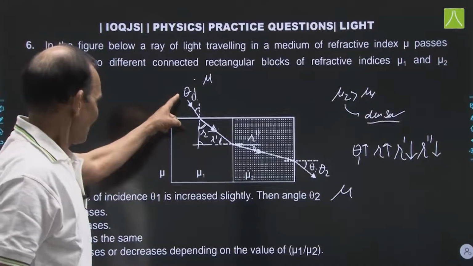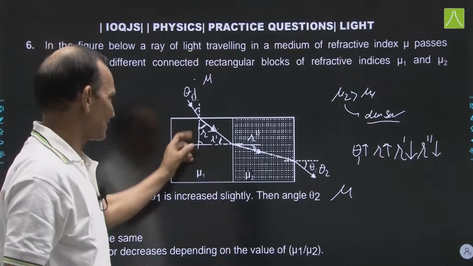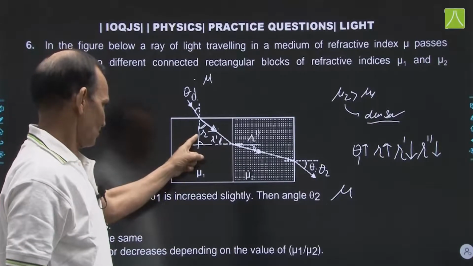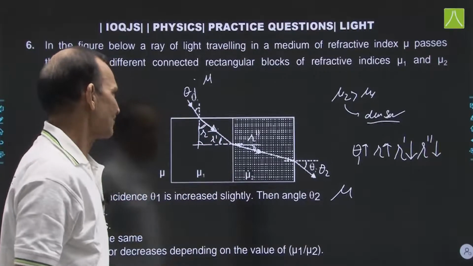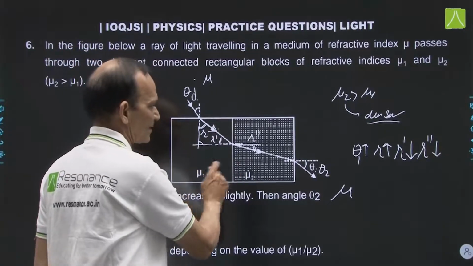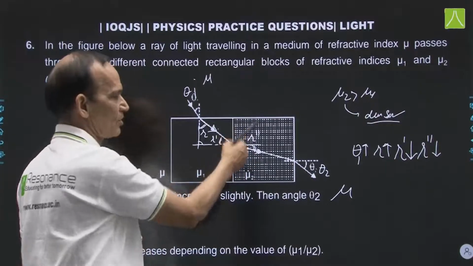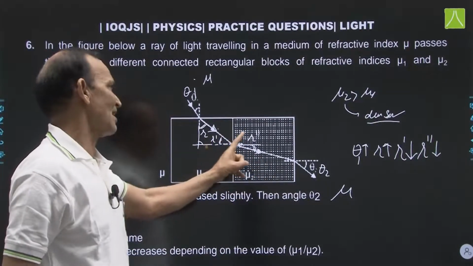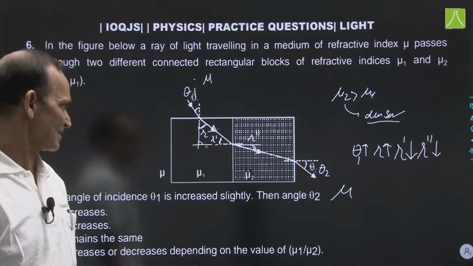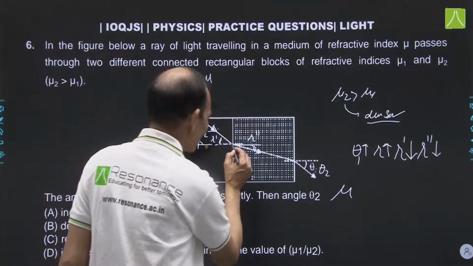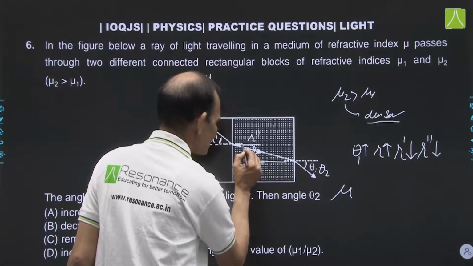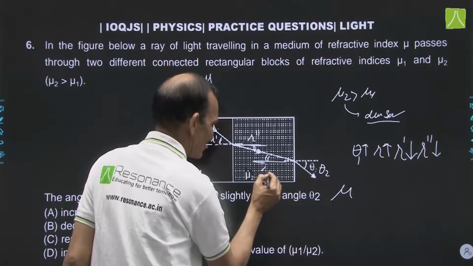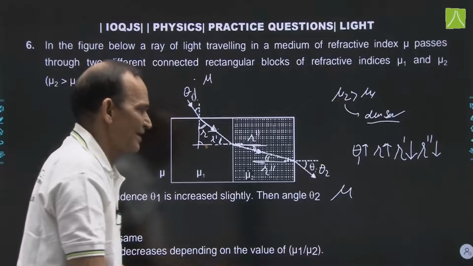Again, if we increase theta 1, then r will increase. In this triangle, on increasing r, r dash will decrease, because the ray is moving from rare to denser, it will bend toward the normal. R dash is decreasing, it means r double dash will also decrease. Is it clear? These are the normals, parallel lines, so this will also be r double dash. R double dash is decreasing.